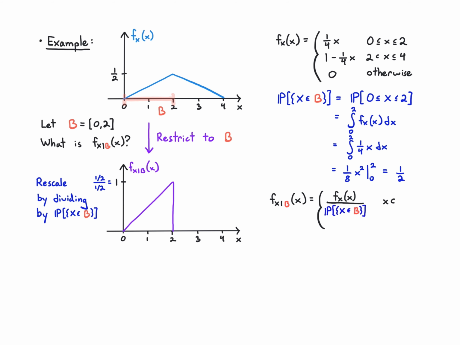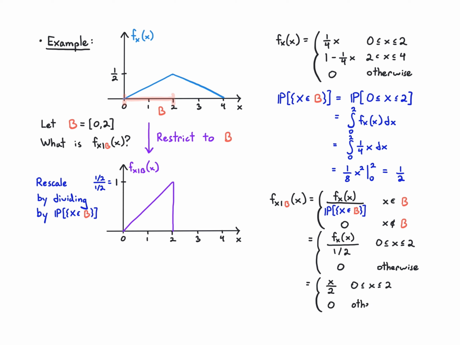That's true when I fall into B, and otherwise it's 0. Simplifying a little, I have the PDF whenever I'm in B divided by 1/2, because that's the probability I fall into B. Finally, I look up the PDF in the case-by-case formula, and I see that there it's 1/4 x. So 1/4 x divided by 1/2 is x over 2, and that's only between 0 and 2.